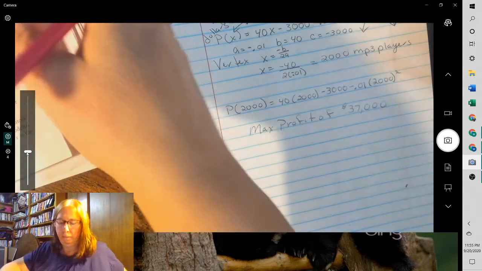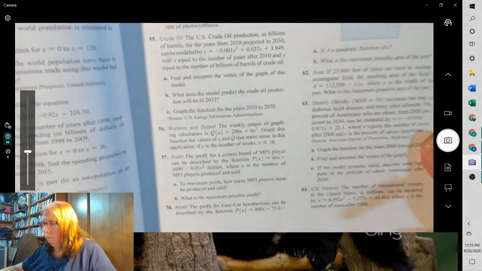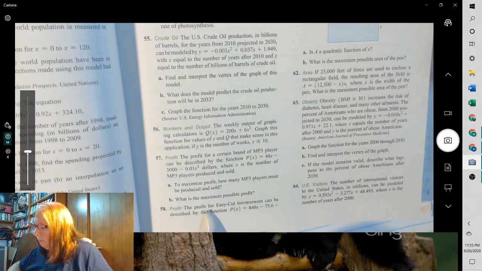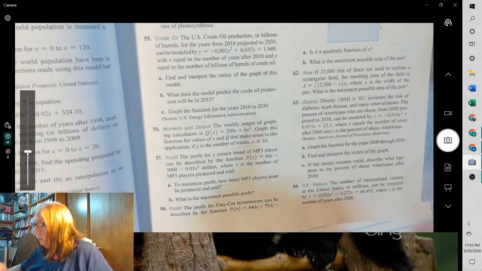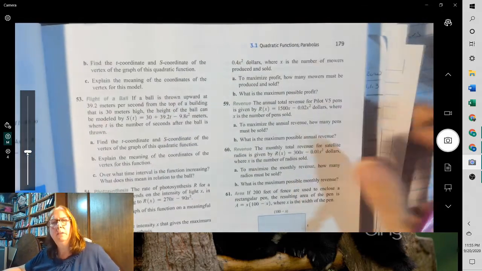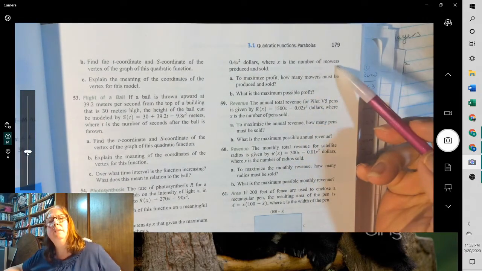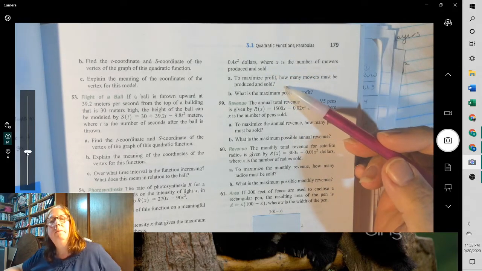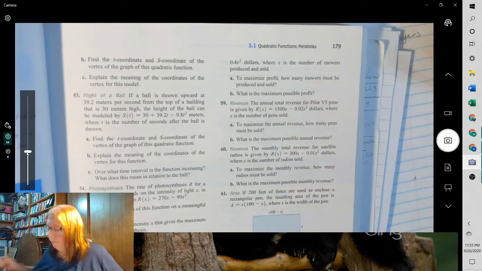Number 58 starts down here. The profit for Easy Cut lawnmowers can be described by the function. And the function is in dollars, and x is the number of mowers produced and sold. Find out how many will give us a maximum profit and what the maximum profit is.